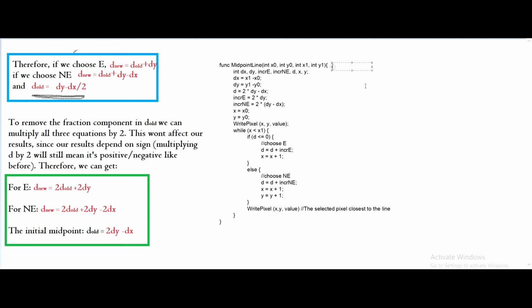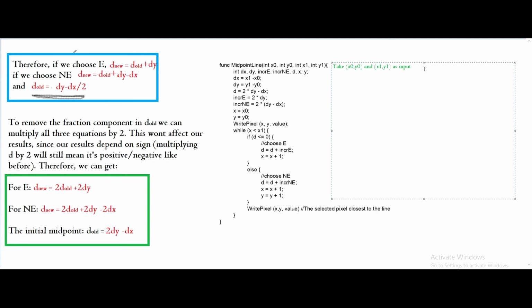In the first line, we've taken 4 integers as input, which are x0, y0, our starting point, and x1, y1, our ending point.